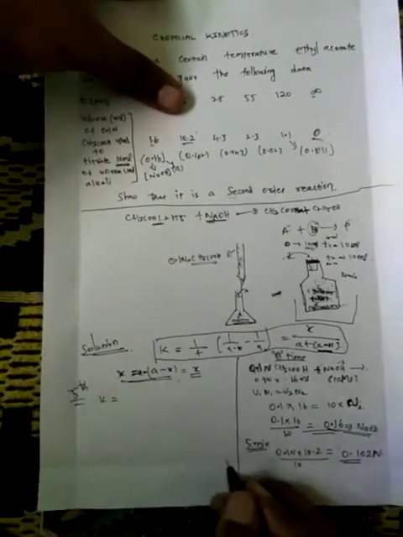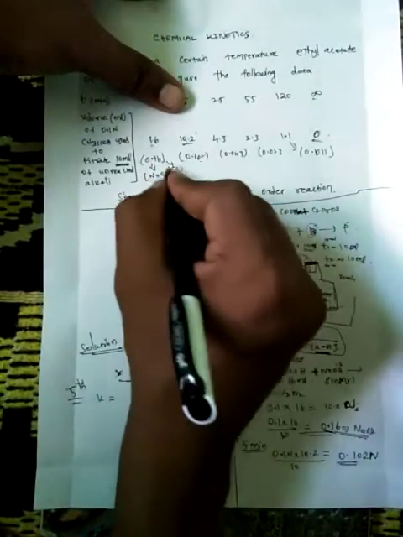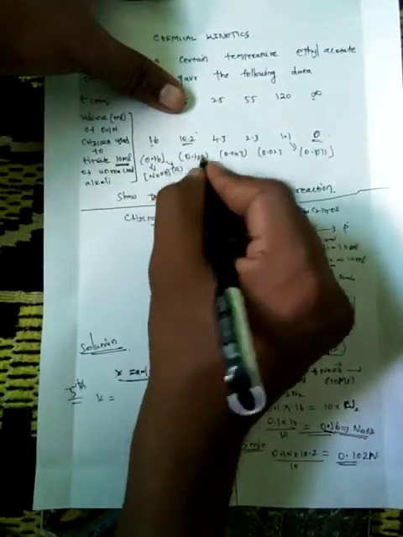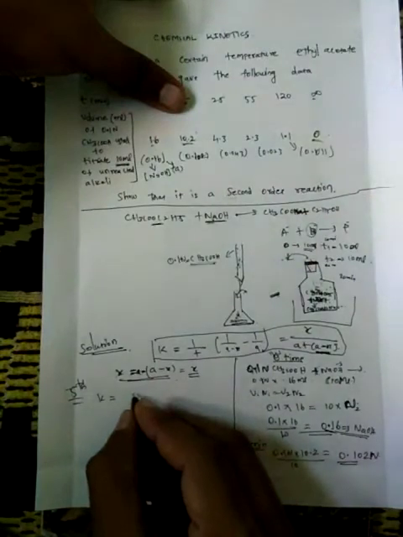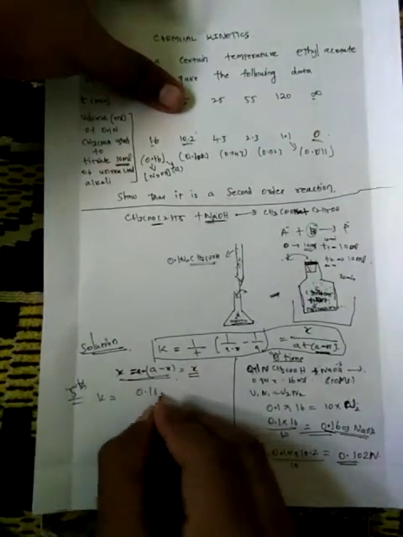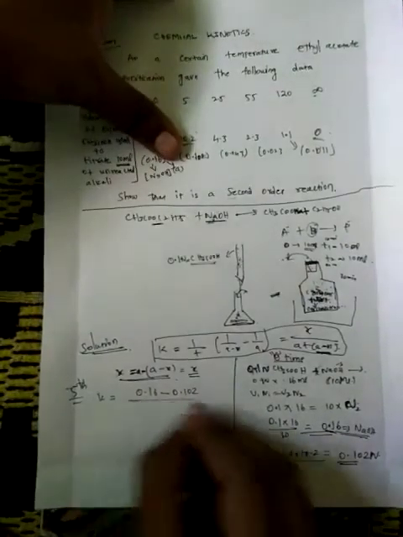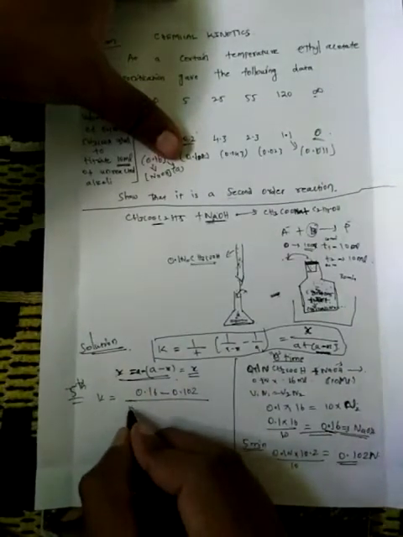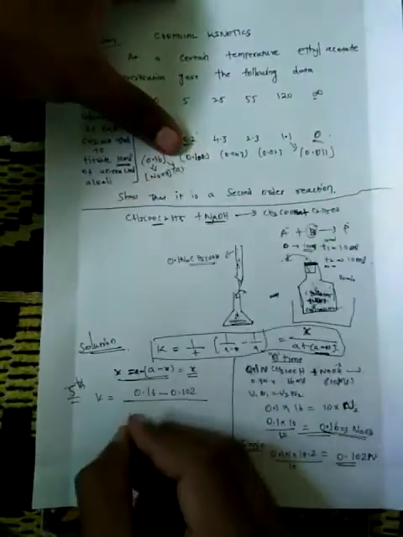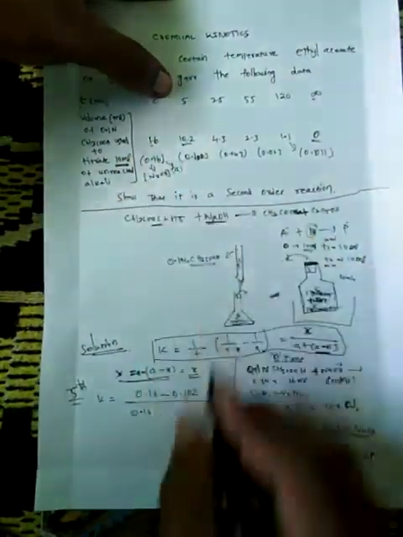At the fifth minute, the x value is 0.16 minus 0.102, which I subtract to get x, divided by A. A is the initial concentration, 0.16. That is, at zero time, the concentration of NaOH is 0.16.